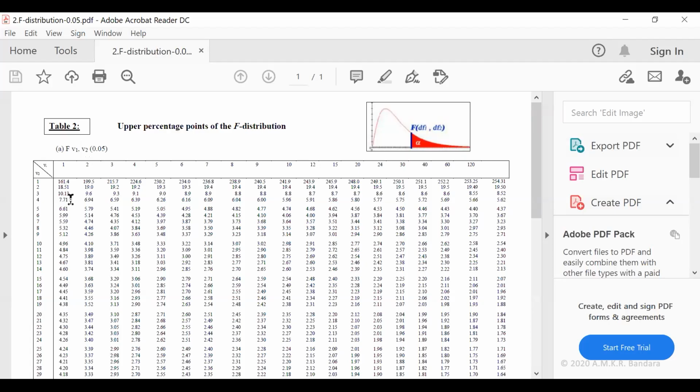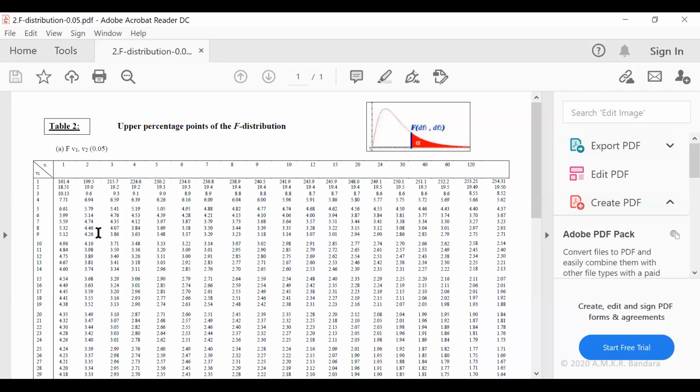And in the denominator, we put within treatment variability or residual. So in this first column, you have to identify the degrees of freedom related to residual. That is 9 in our example.